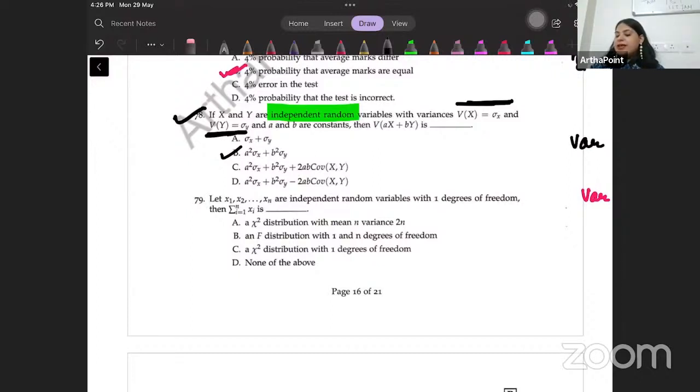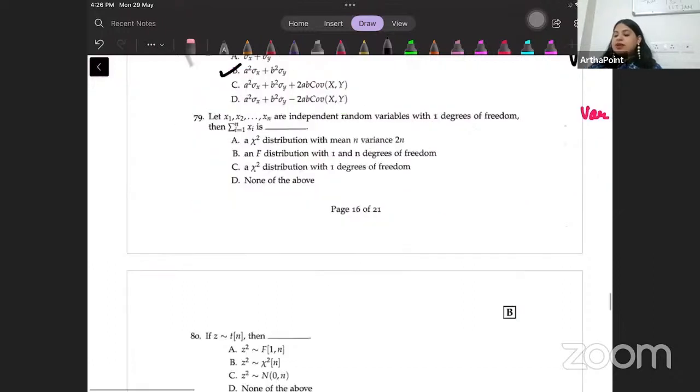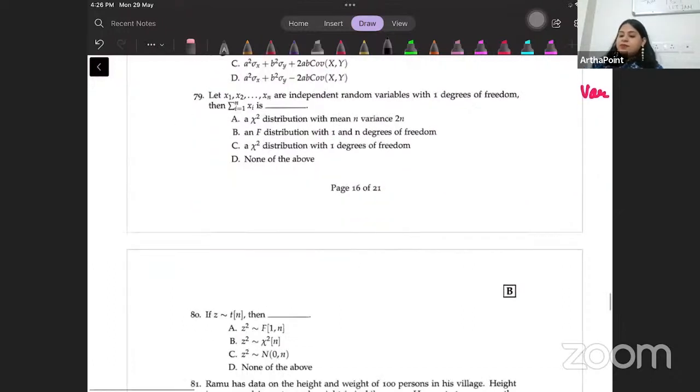Let x1, x2 till xn be independent random variables with 1 degree of freedom. Then summation xi is... Okay. So beta, each xi has 1 degree of freedom, right? So just think about it.